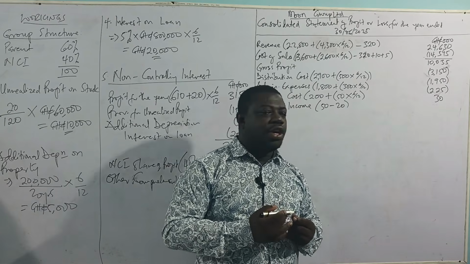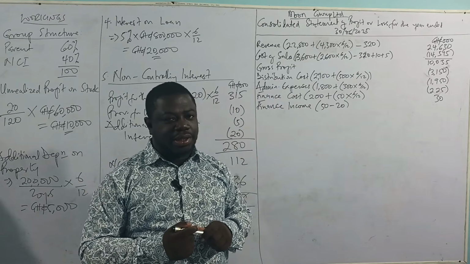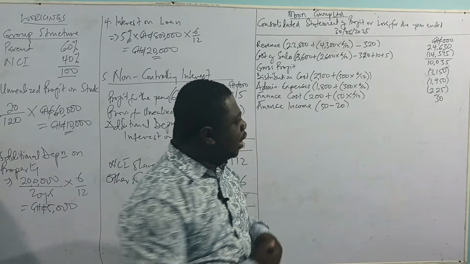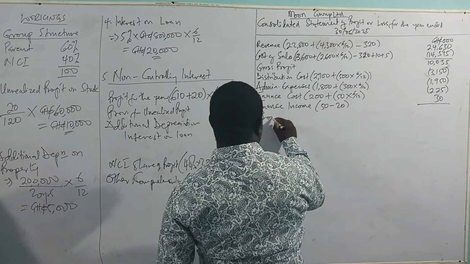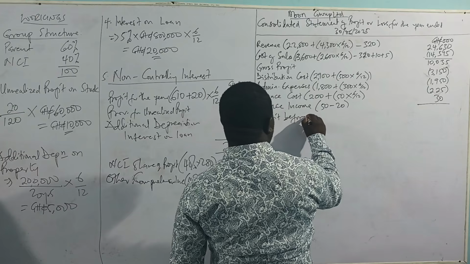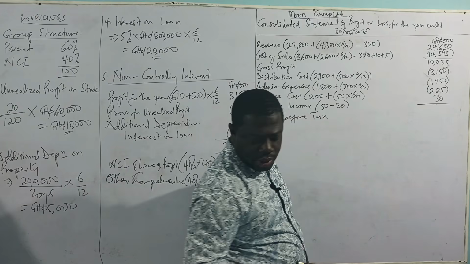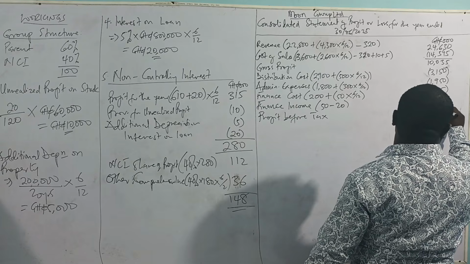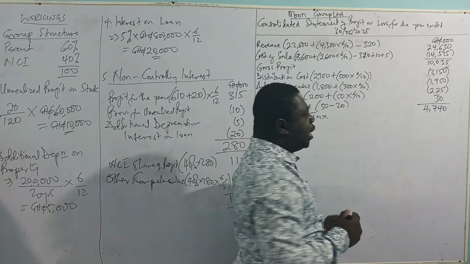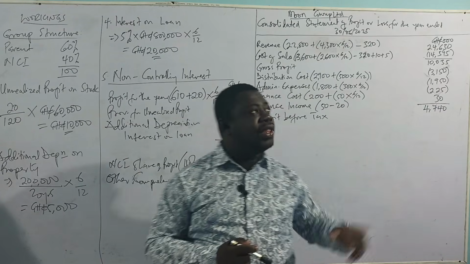That is positive, so I leave it standing without a bracket. And then from there, we can sum up and get our profit before tax. So profit before tax for the group is 4,740 Ghana cedis with 3 zeros up.